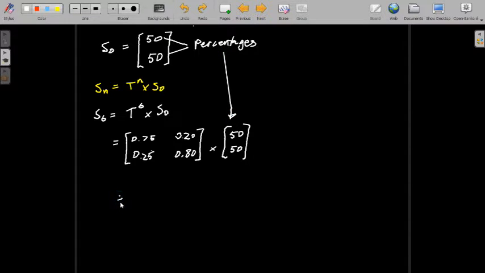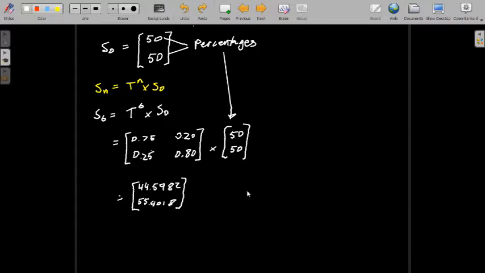Do that on our calculator. What do we work out? We get 44.5982 and 55.4018.